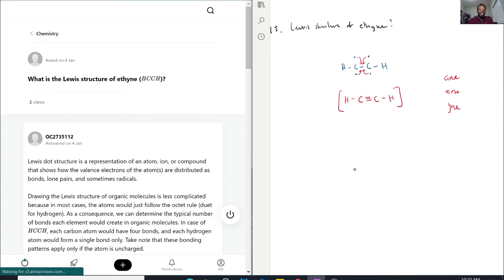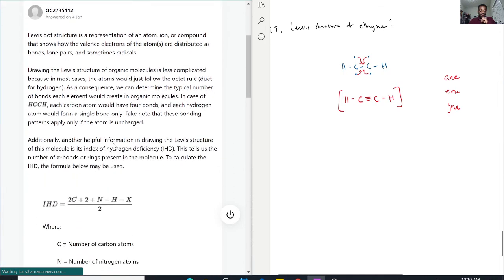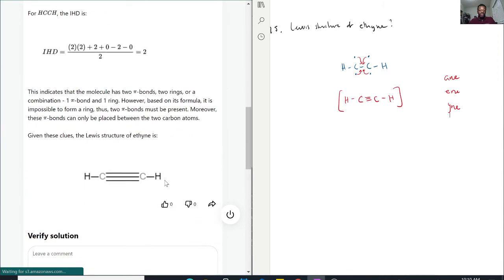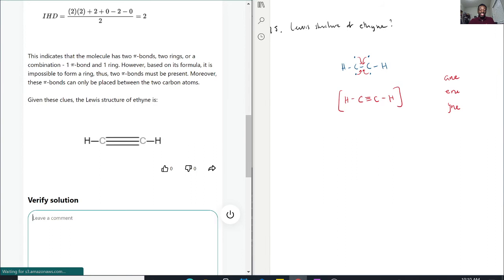So that is what you would get for ethyne. As you can see here, they go through it, and there you have it. The Lewis structure of ethyne has 3 bonds there because it's a triple bond.